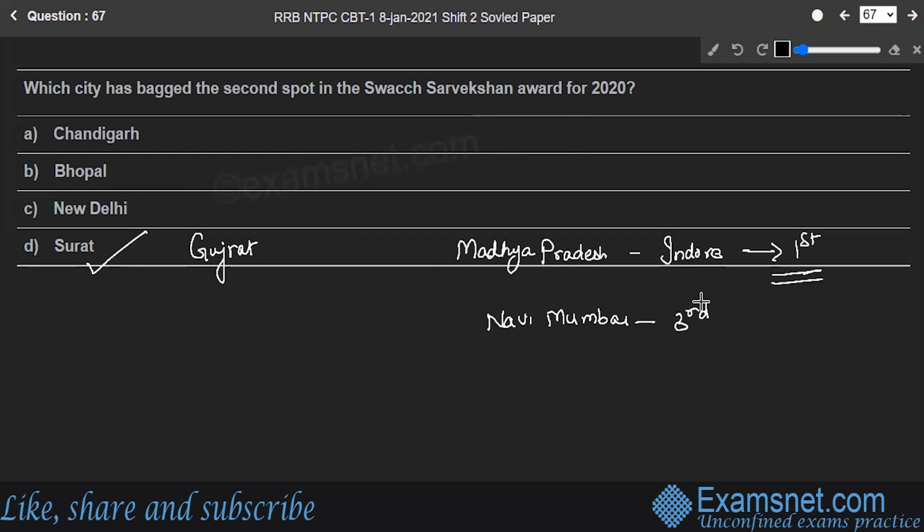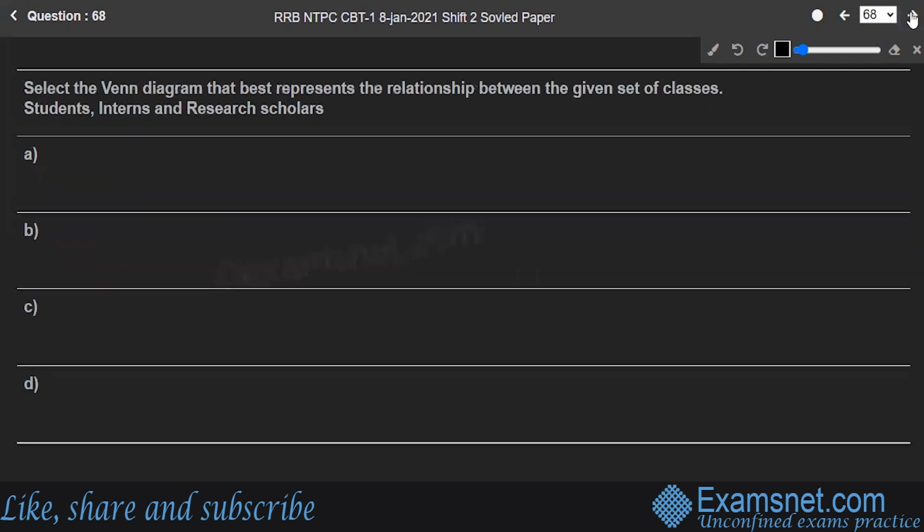This city now attracts local and international tourists to visit its popular attractions, like Ambaji Temple, Swami Narayan Temple, Sarthana Nature Park, Vansda National Park, Sardar Patel Museum, Dutch Garden, or Dumas Beach. So we have option D, Surat, as the answer to this question. Next is question number 68.